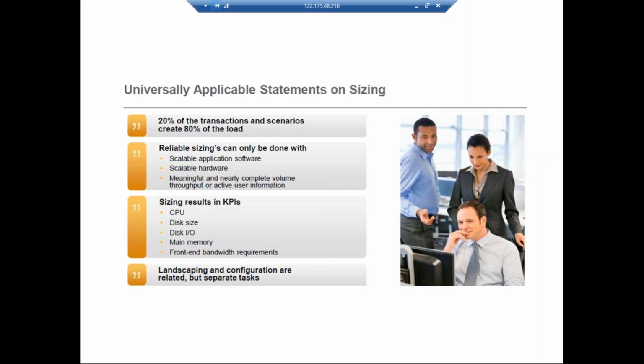The second thing is that reliable sizing can only be done with scalable software and hardware. Providing scalable software is the responsibility of SAP, and scalable hardware is the responsibility of the certified hardware vendor.